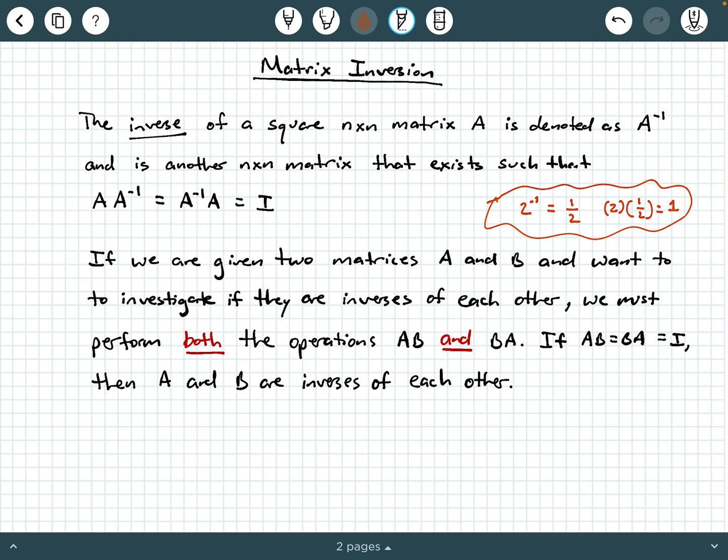Here's the counterpart to that. If AB does not equal BA, then at least one of those products will not equal the identity matrix, and then A and B will not be inverses of each other.